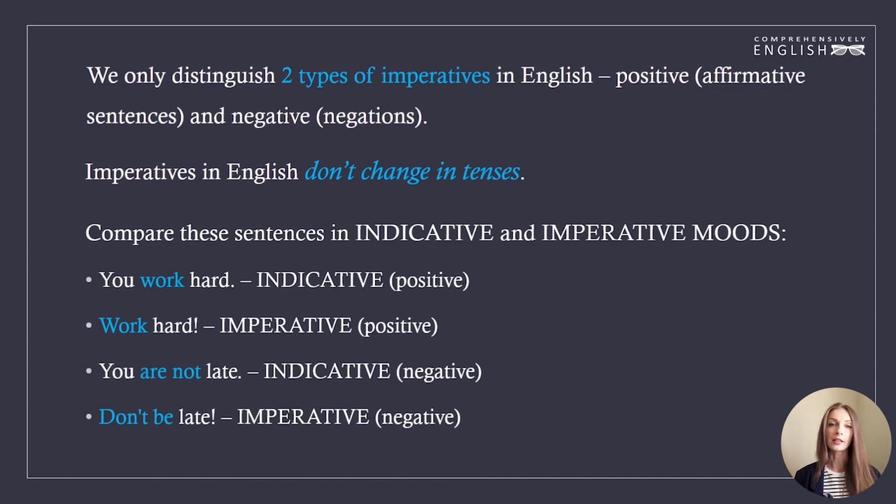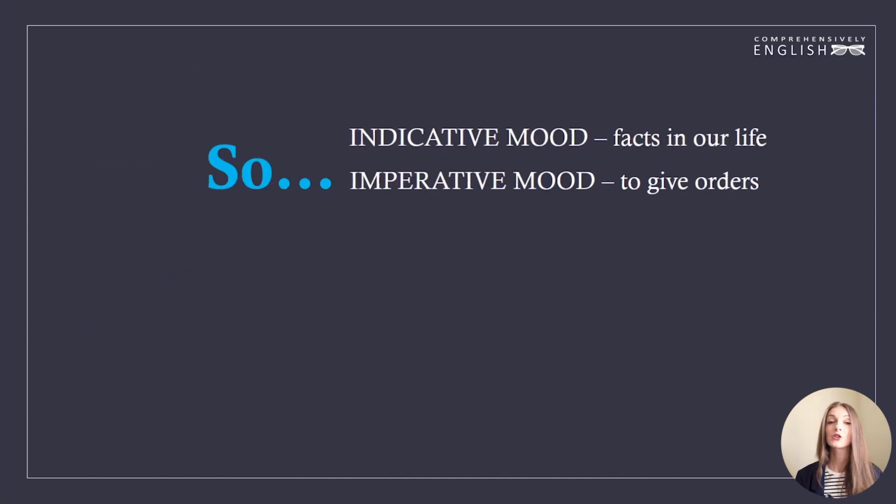You are not late. Again, I state the fact. The sentences with exclamation marks are imperatives, though: work hard, don't be late. I command it. So, the indicative mood is used for facts in our life. The imperative mood is used to give orders.